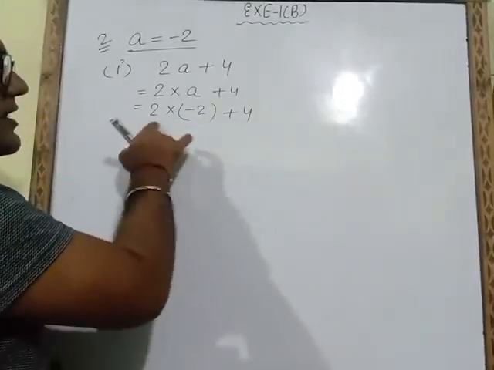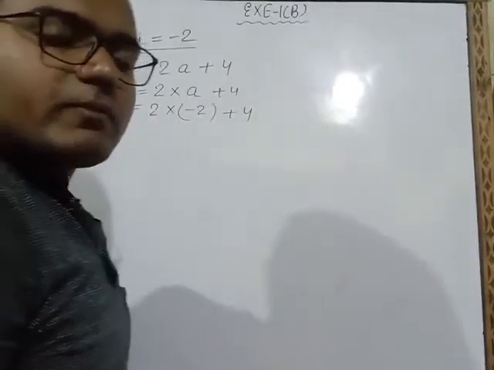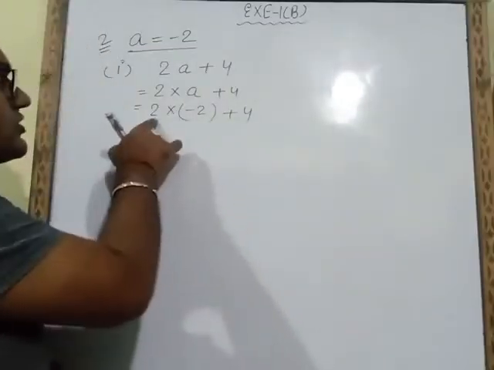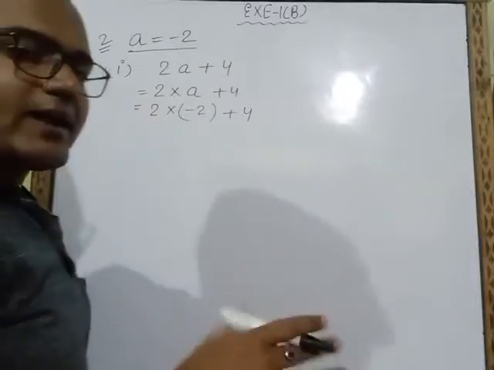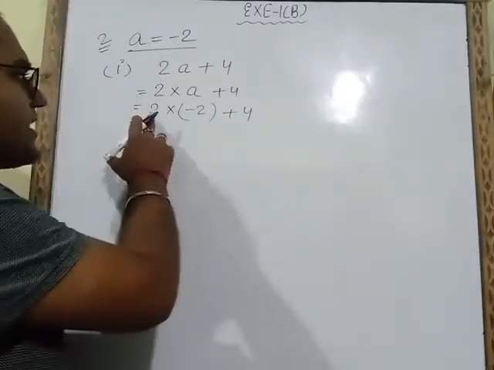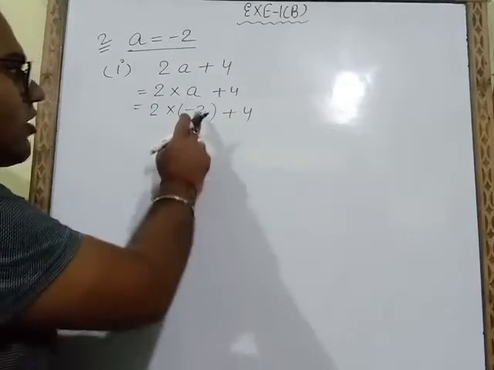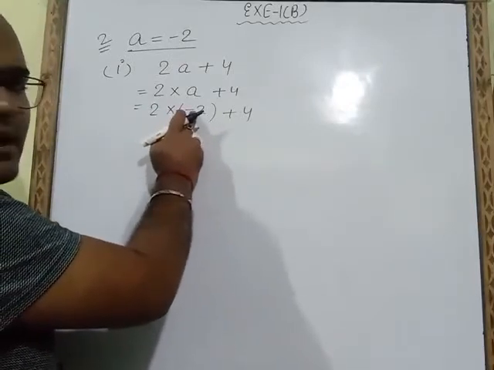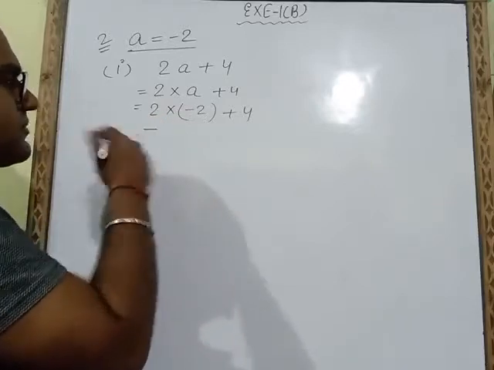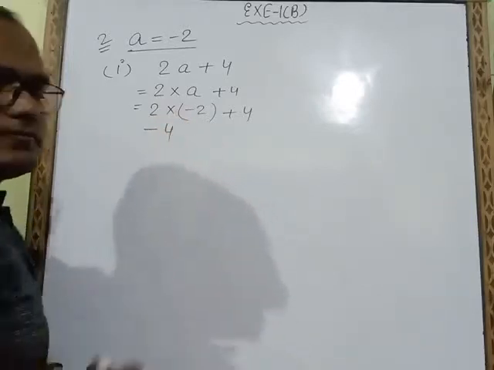Now we have to multiply these two things. First of all we multiply the signs. On the left hand of 2, plus and minus nothing is there, that's why we take that sign as plus. On the left hand of the other 2 a minus sign is there. Plus multiply minus will be minus. 2 into 2 is 4.